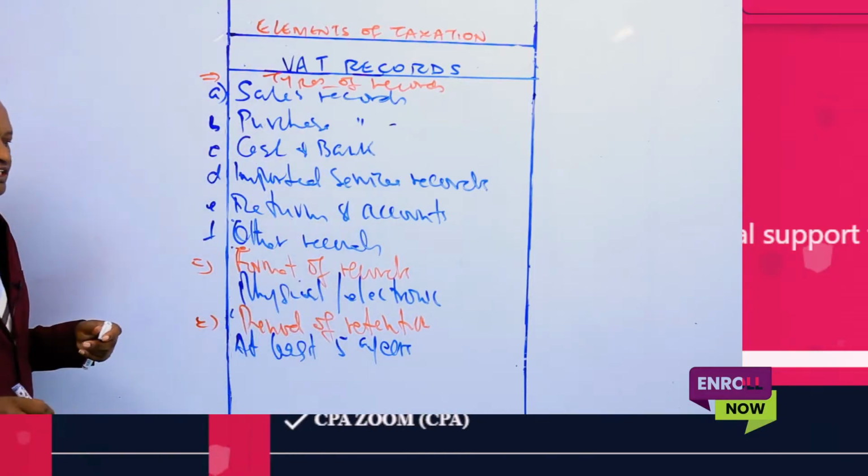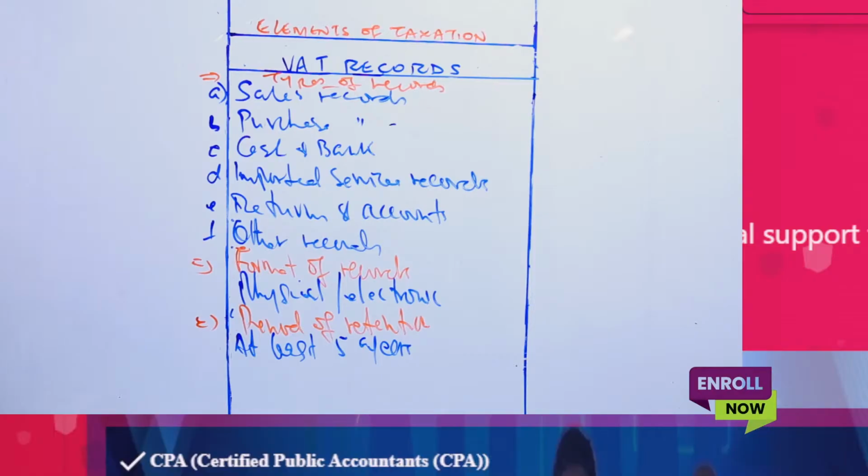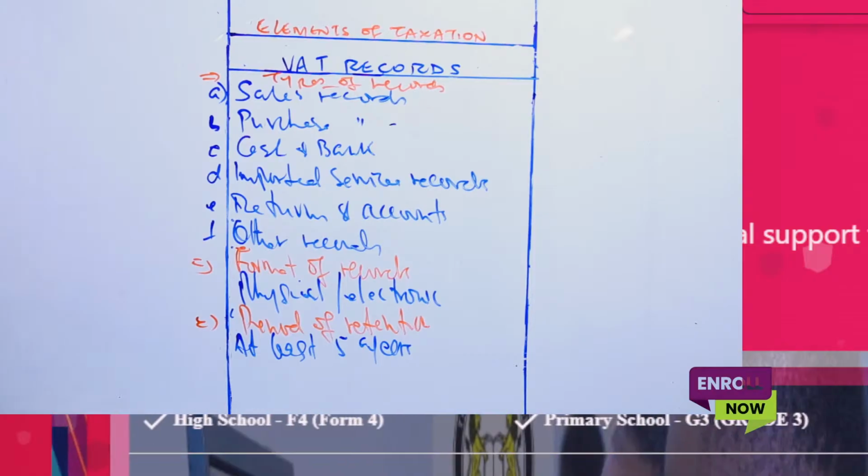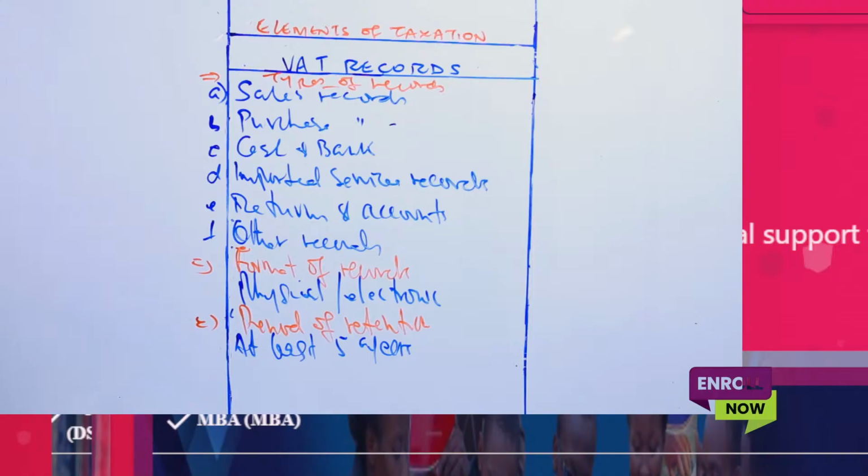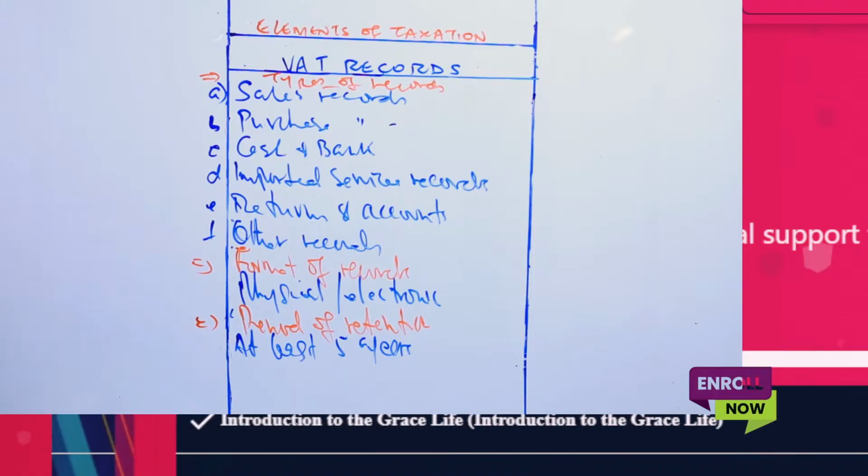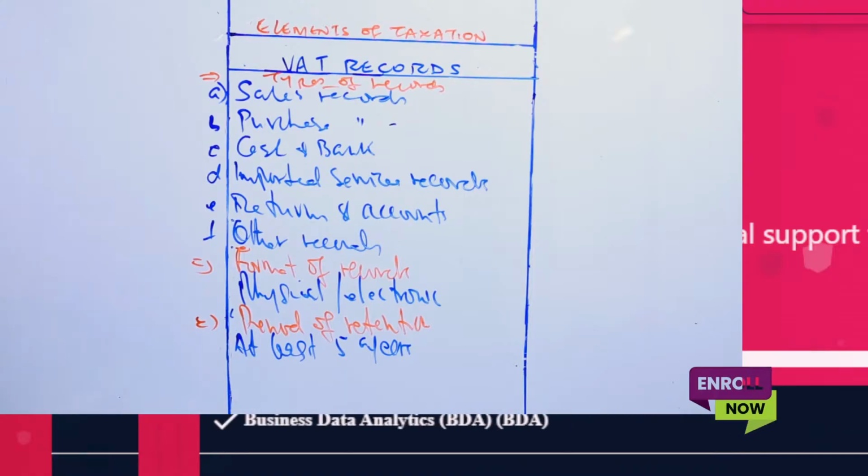Not less than 5 years, at least 5 years from the last entry made or the end of the tax period to which they relate. Understand?